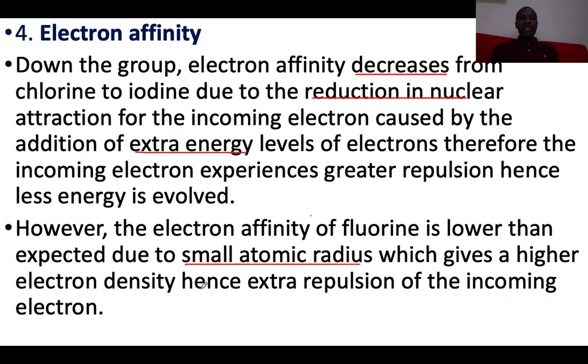Because a small atomic radius means that everything is so close to the nucleus, and therefore we expect electron density to be high. Okay, and then there is extra repulsion of the incoming electrons. Therefore, we expect that particular energy or electron affinity of fluorine to be lower than expected. Okay, you can move on.